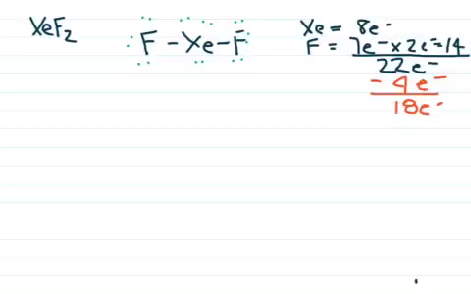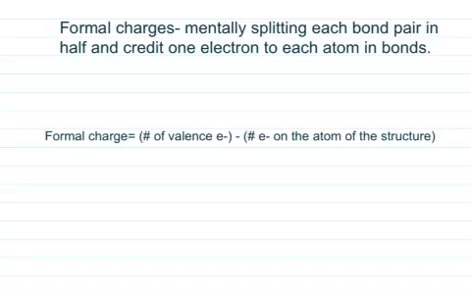So let's check our formal charges. How do we check formal charges? First, we need to know the definition. Formal charges are mentally splitting each bond pair in half and crediting 1 electron to each atom in the bond. So the formula is formal charge equals the number of valence electrons minus the number of electrons on the atom in the structure.